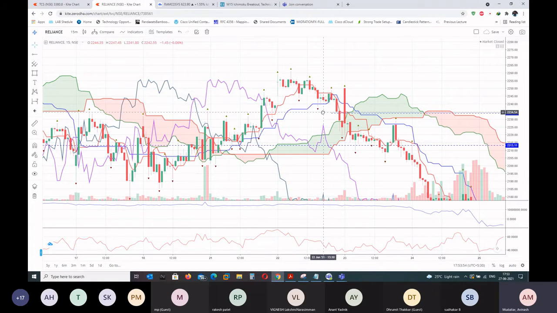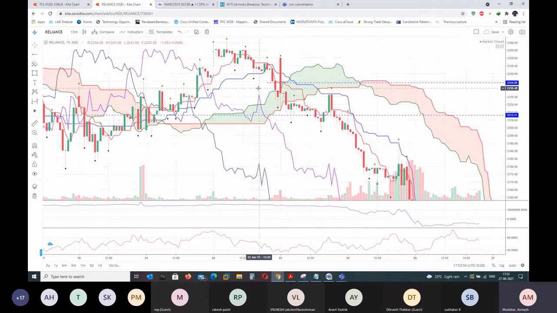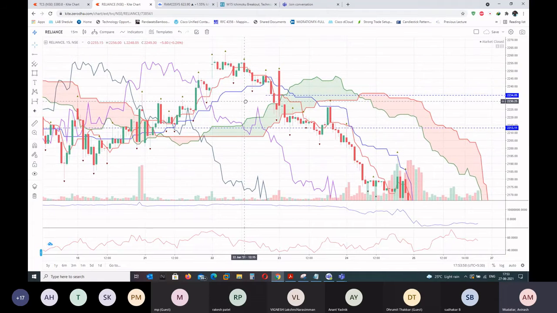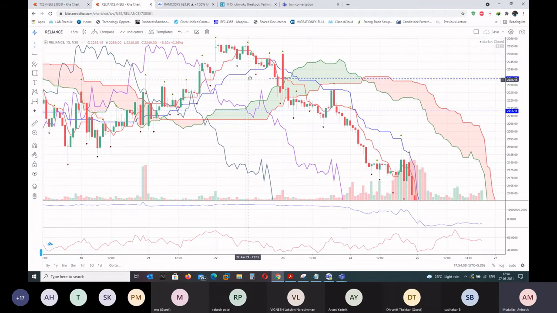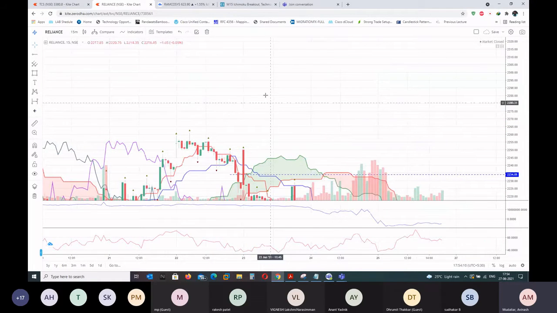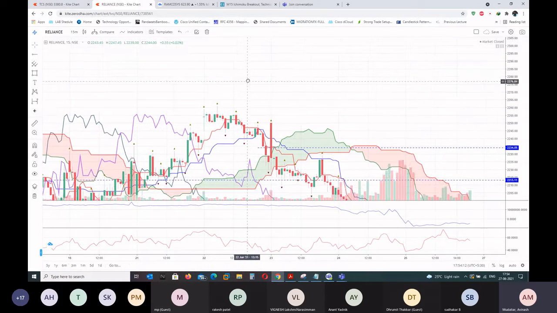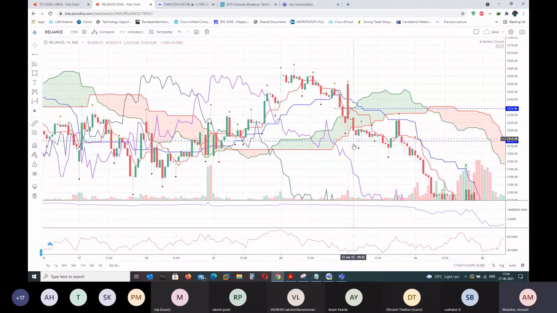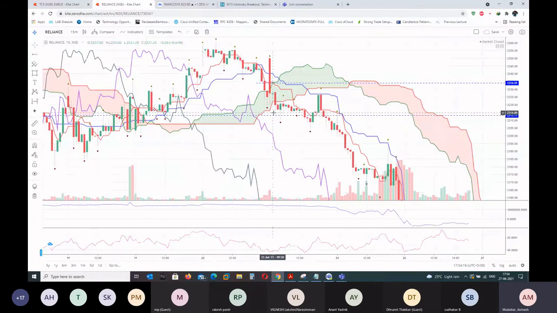But if you simply want to blindly trade the crossovers, then take only strong crossovers. If you're looking for a sell, the crossover that happens below the cloud, or for a buy, the crossover that happens above the cloud. Those were the different flavors.